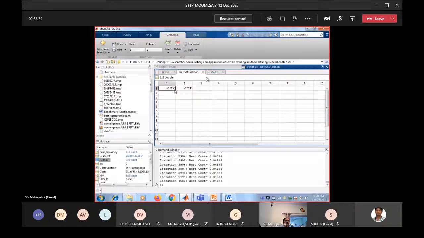In the previous examples that I have shown, it was getting nearly equal to 0 for the fx value and the values of x1 and x2.